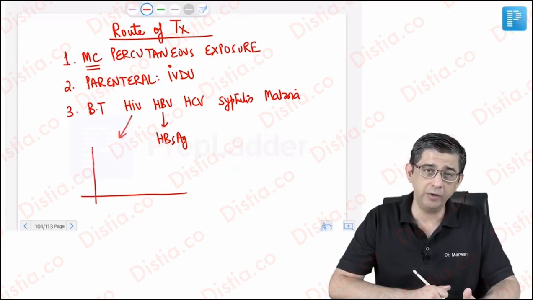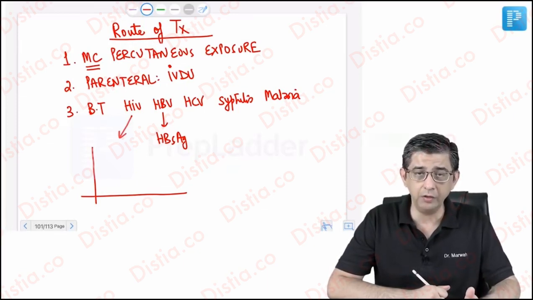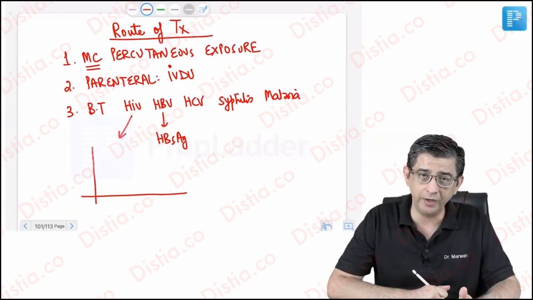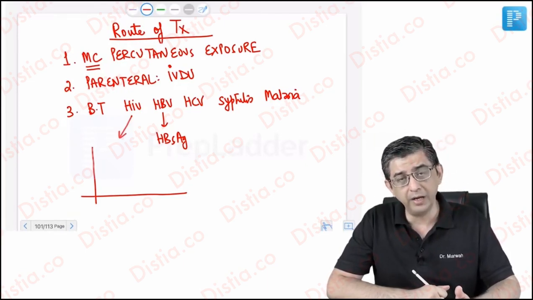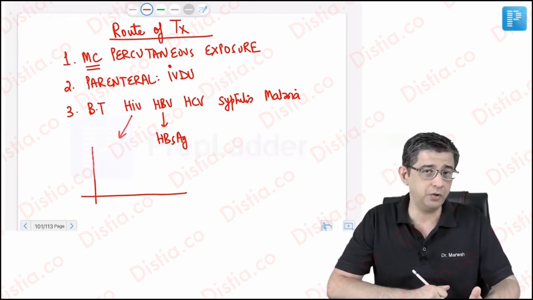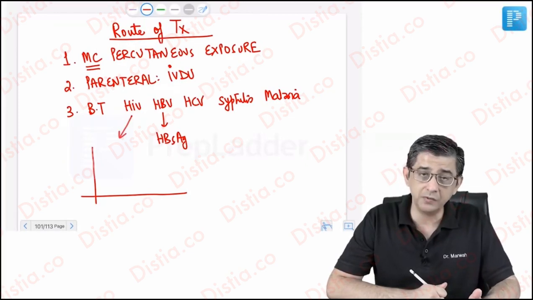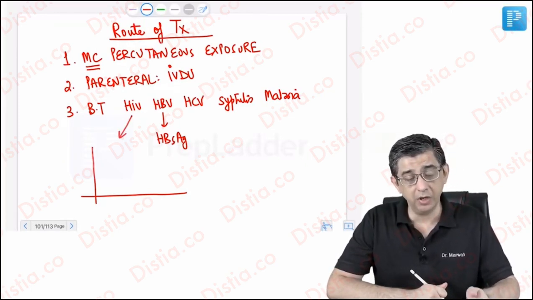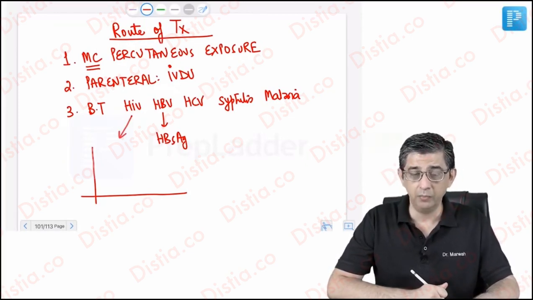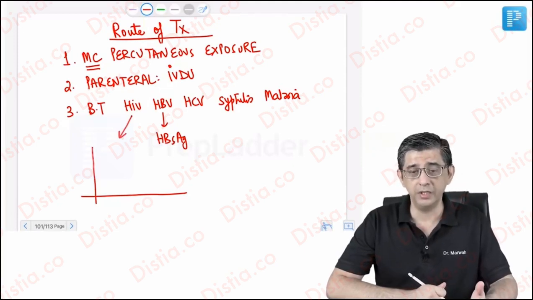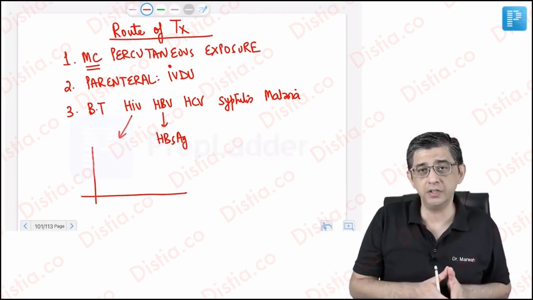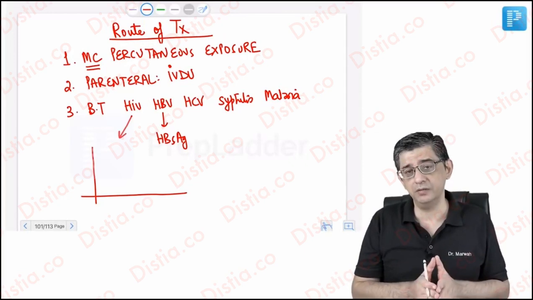This lady had received a blood transfusion at the time of delivery from a man who had voluntarily donated blood at a blood camp a few weeks after a sexual contact with a commercial sex worker who was HIV positive. So the man had the virus in his blood, but the virus was not detected because it was too early in the infection and the kit tended to miss it.